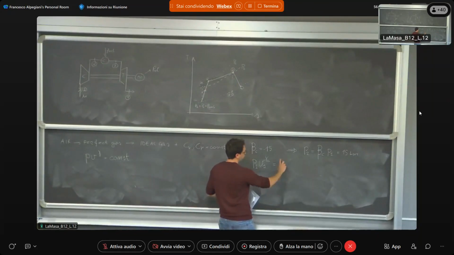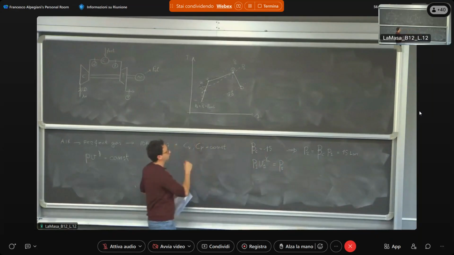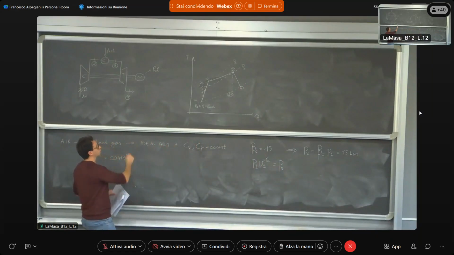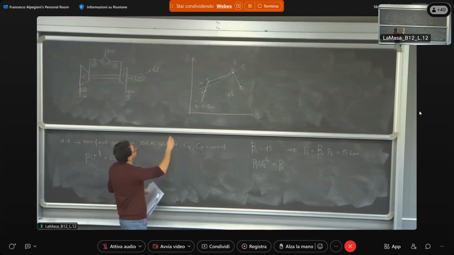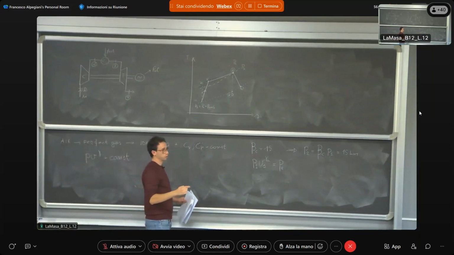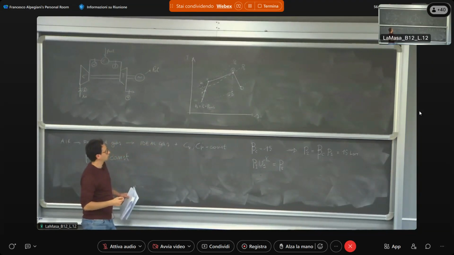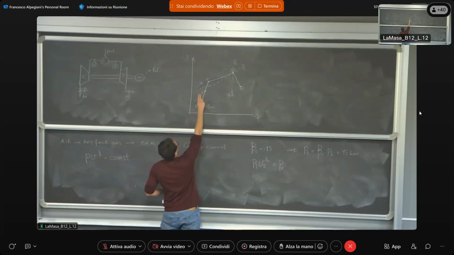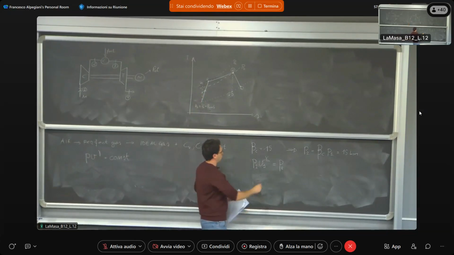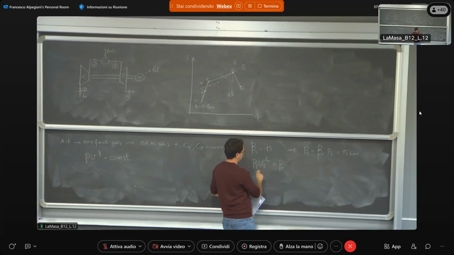So first of all, since we have the isentropic efficiency, we evaluate the thermodynamic properties not in point number 2, because in this case we have a real expansion. So we evaluate, first of all, the condition in point 2s.